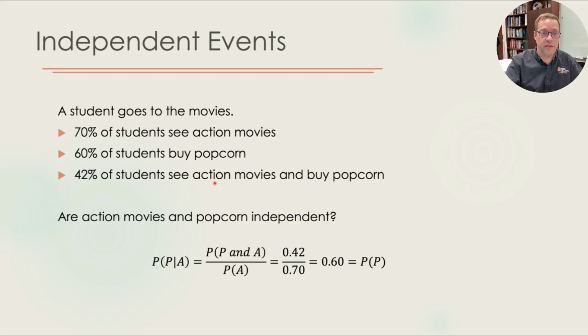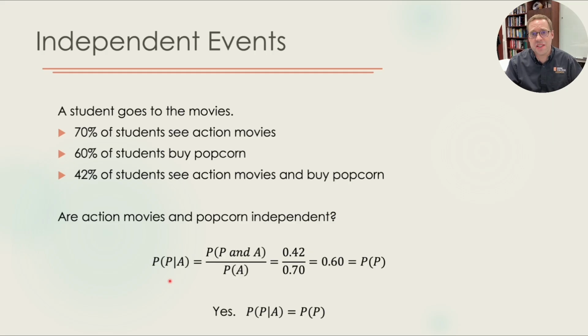And the probability of watching an action movie is 70%. That gives us 60%. Well, what's the probability of buying popcorn? It's 60%. These two give us the exact same result. Therefore, according to this example, buying popcorn and seeing action movies are independent.